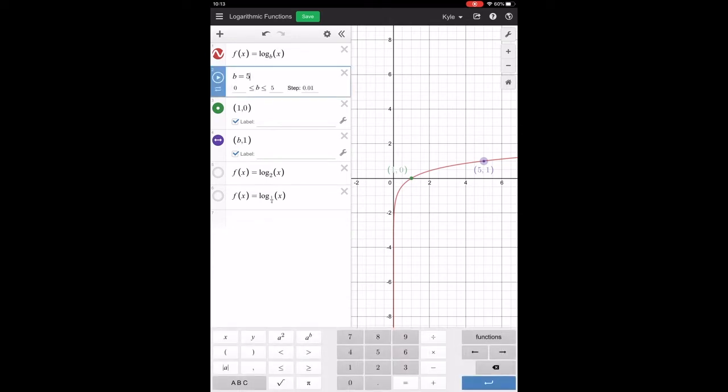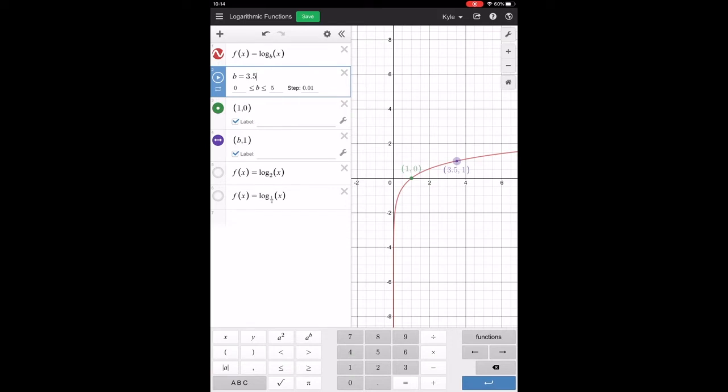Let's set b to be 4, and you'll notice that we now have the purple dot at (4, 1). Let's set it to be 3. It's (3, 1). Let's set it to be 3.5. It's (3.5, 1) again, okay?